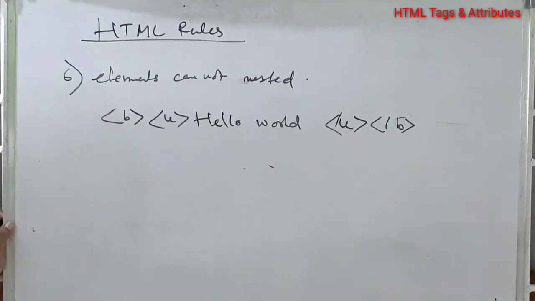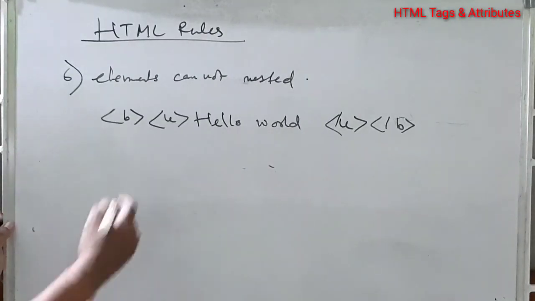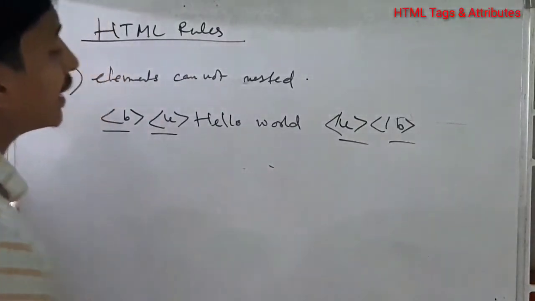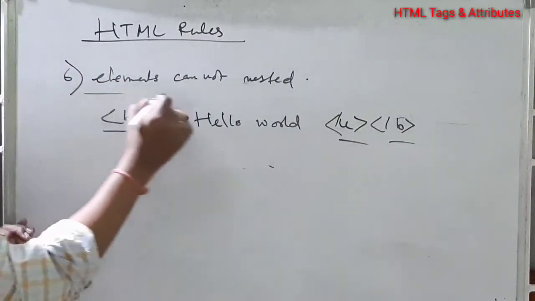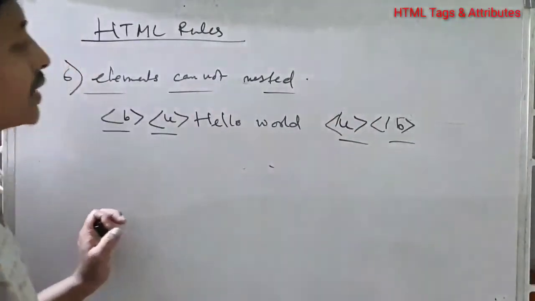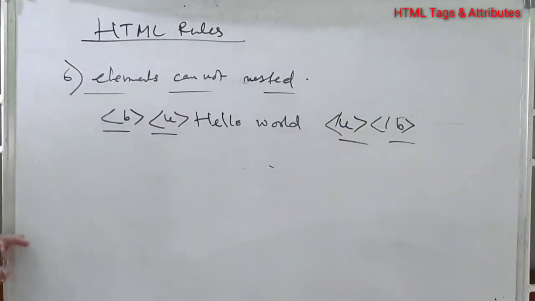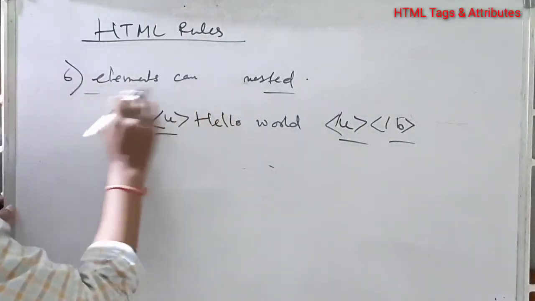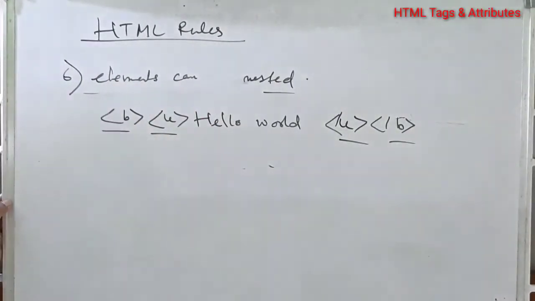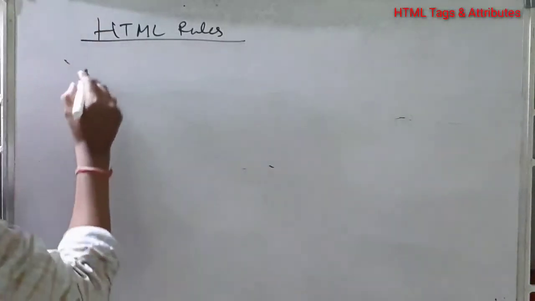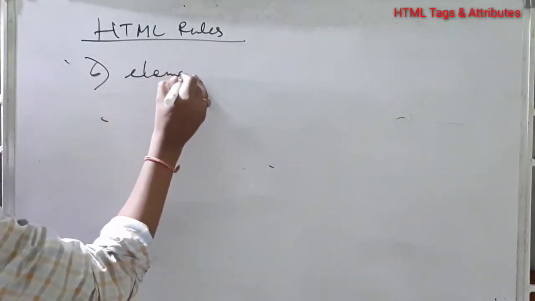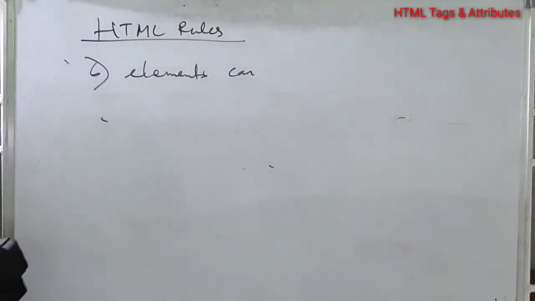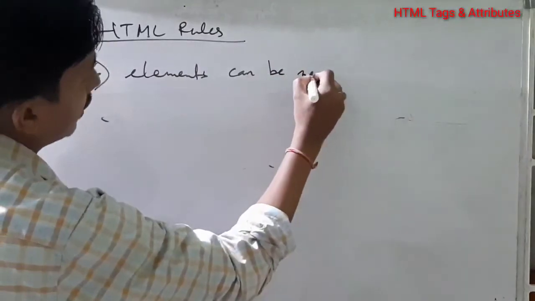So in this way you can insert more than one tag in one line. This is called nested elements. Again I say, number 6 is elements can be nested.